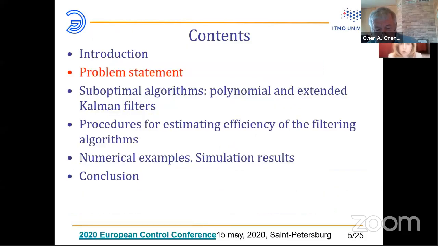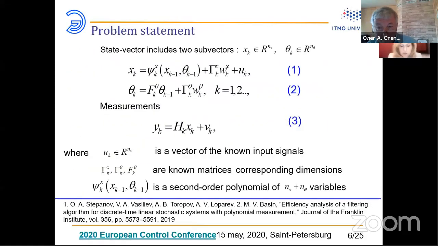And so now I'm going to discuss the problem statement. It was previously shown that the method of polynomial filtering has been very successful in solving estimation problems with a polynomial nonlinearity in measurement equations. In this way, we propose to consider the possibility of using such algorithm for solving a problem, the feature of which is shown in this slide.